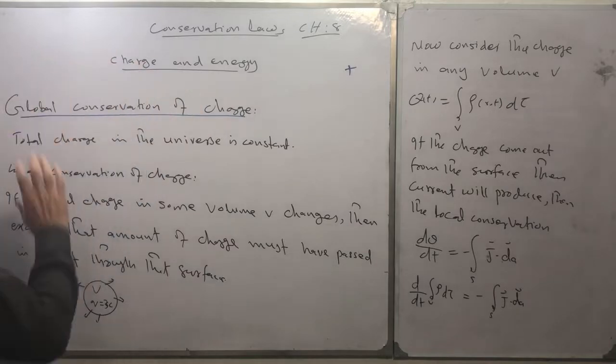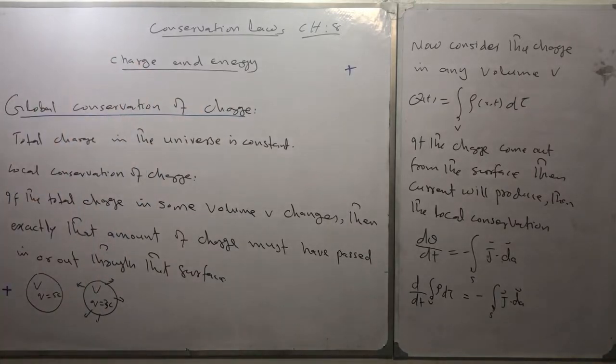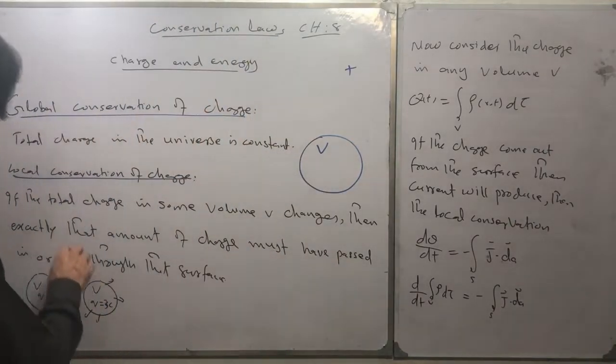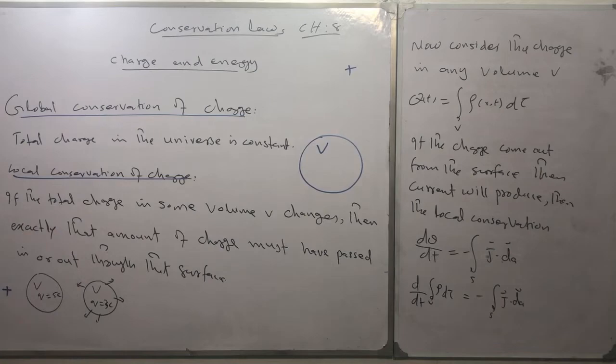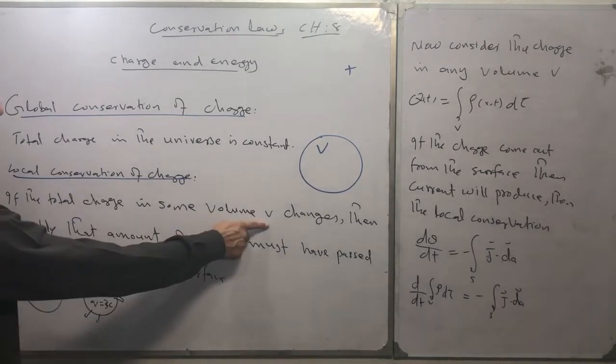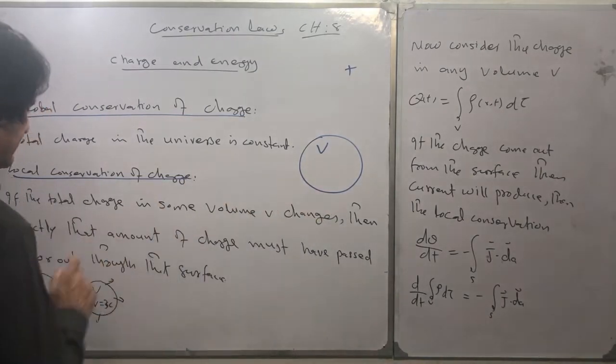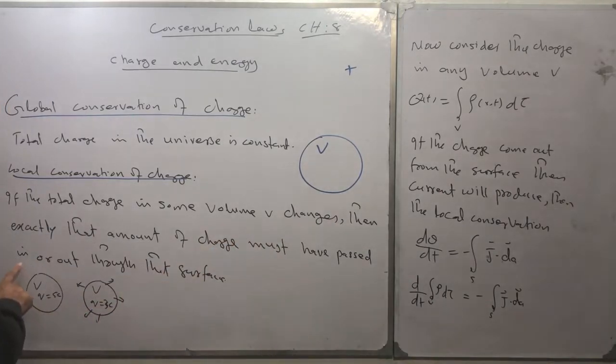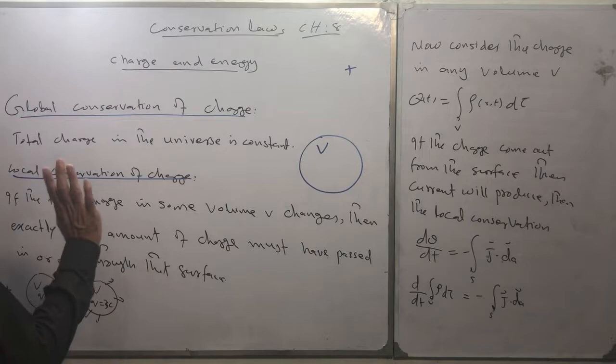So this is called the global conservation of charge, and the other one is local conservation of charge. If the total charge in some volume changes, then exactly that amount of charge must have passed in or out through that surface.